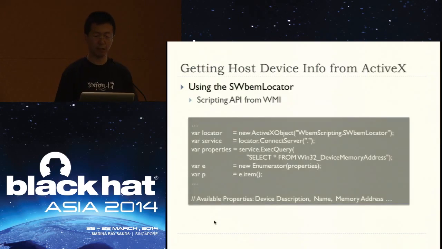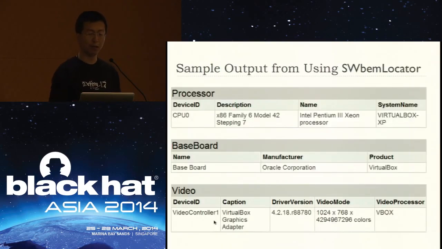Here's one script we wrote to deal with this. It's basically just a new WBEM object, and from there you can do a query to say, give me information about this device, about the underlying OS and how it views the system. I only show you part of the script, but that's probably the most important part to initiate, and then you can enumerate all the items. Here's one sample output from our server side.